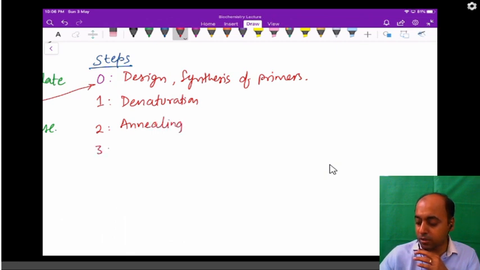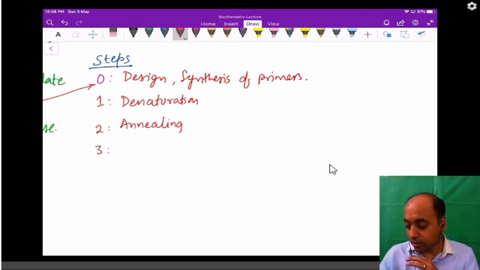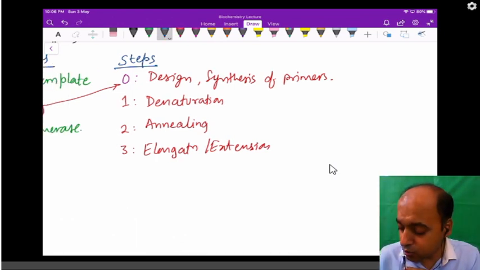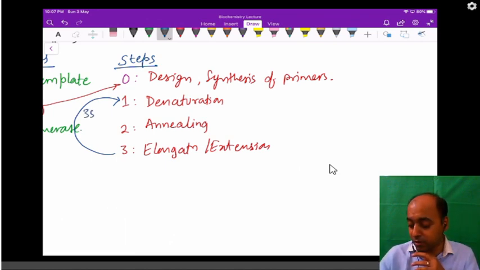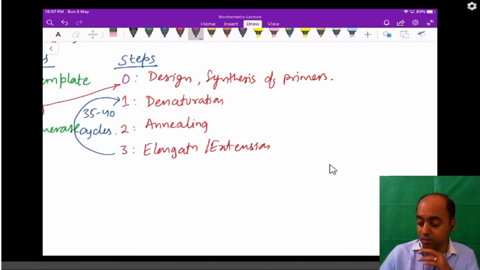Once the primer is attached, then we allow the primer to get extended to give the final DNA, and we call it the elongation or the extension. Steps 1, 2 and 3 are repeated n number of times. 1, 2 and 3 make up one cycle, and typically we have 35 to 40 cycles before we wait to analyze the final result.